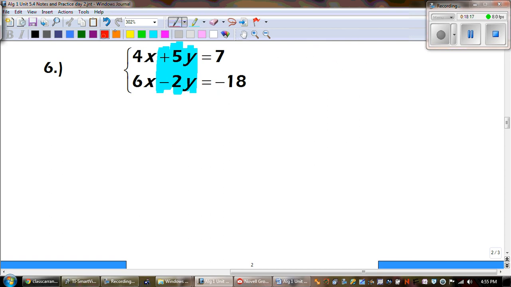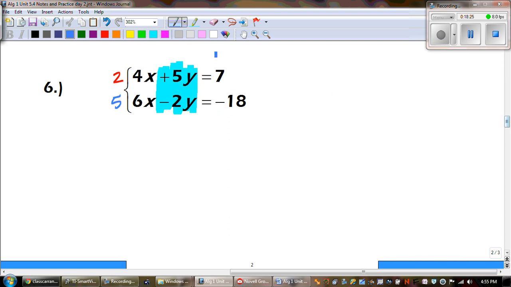Okay, so I'm going to multiply the top by 2 and the bottom by 5. Okay, so let's go. 2 times 4 is 8x. 2 times 5, 10y.